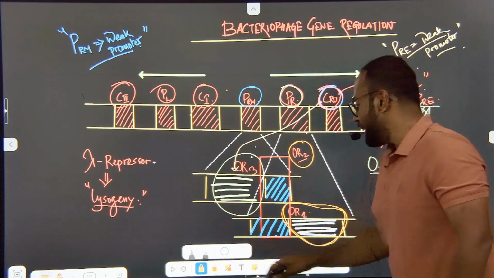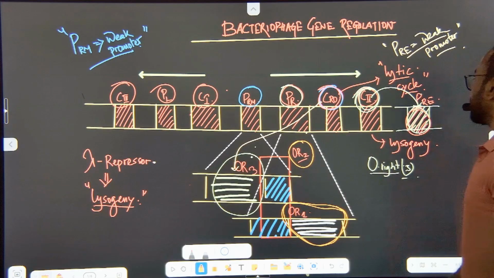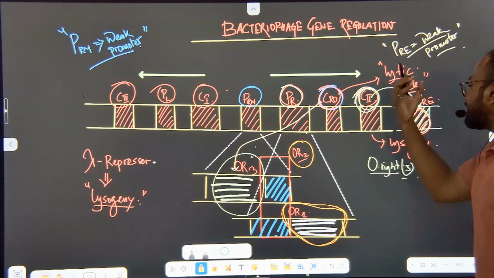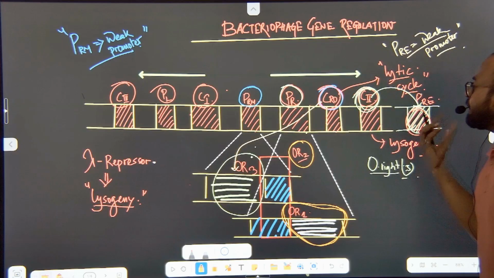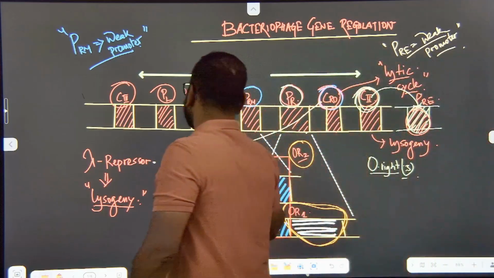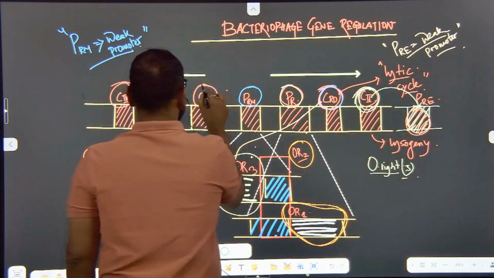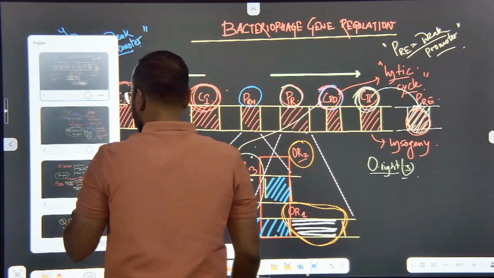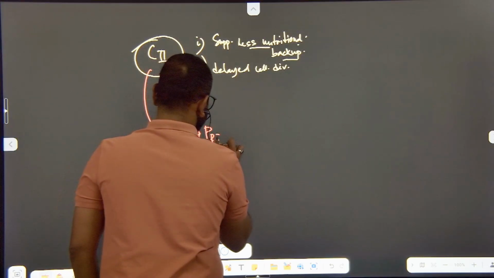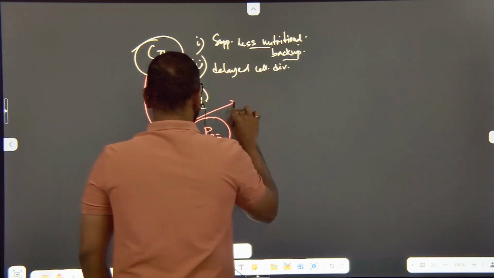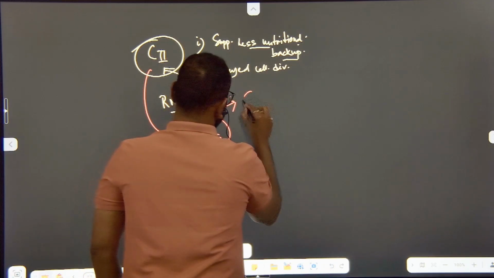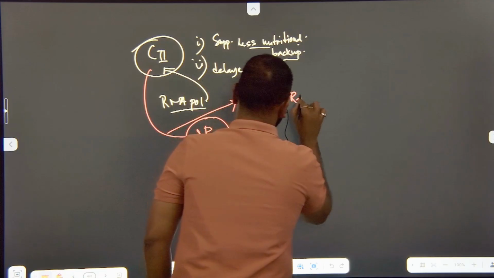This interaction will promote the lambda phage to synthesize C1, which is stated as the lambda repressor.